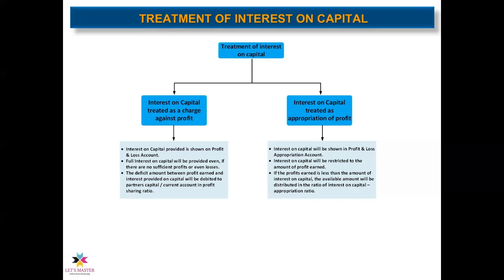For example, the total interest on capital payable to all the partners amounts to 12,000, but the profit earned by the firm is 10,000 for that accounting period. Then interest on capital would be provided only up to rupees 10,000 and not 12,000. This happens only when interest on capital is treated as an appropriation of profit. So these are the two basic differences between treating interest on capital as a charge against profit and as an appropriation of profit.